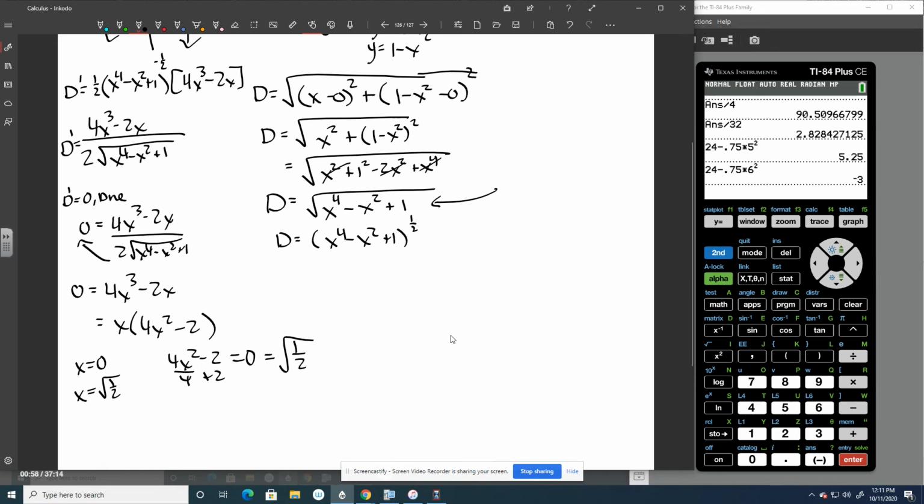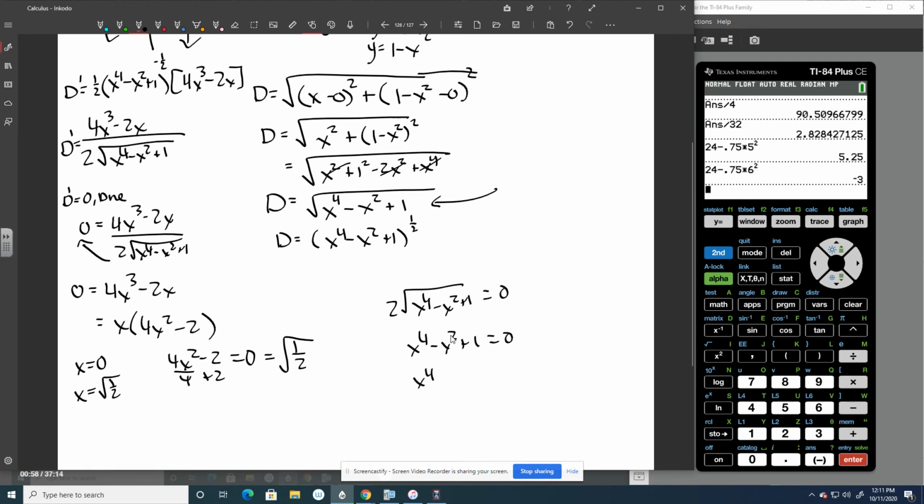Now, the other point that I'm worried about would be when the denominator of my derivative was equal to 0. So I would worry when 2 root x to the fourth minus x squared plus 1 was equal to 0. If I divide by 2 and square, I just end up with x to the fourth minus x squared plus 1 equals 0.